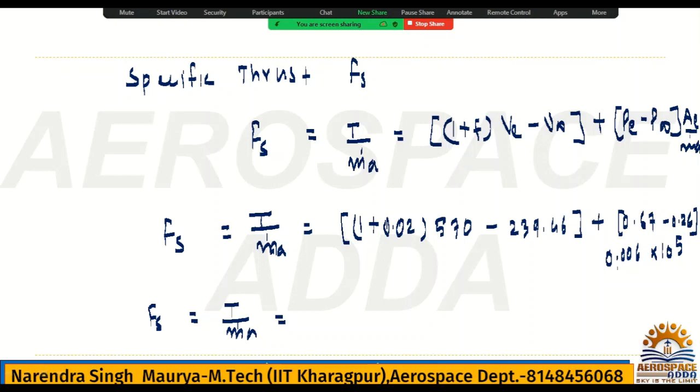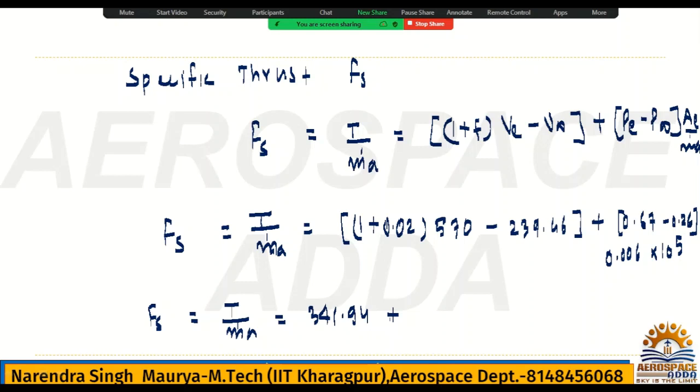So 1.02 into 570 minus 239.46, you will have 341.94, plus 0.67 minus 0.26 into 0.006, that is A by m dot a, into 10 to the power 5, that is bar.